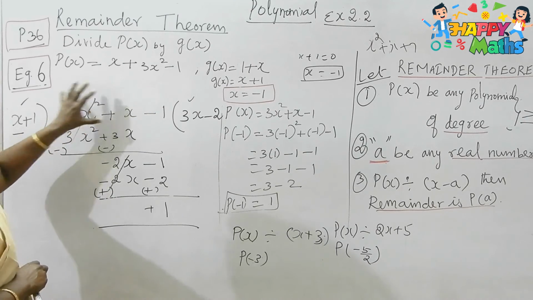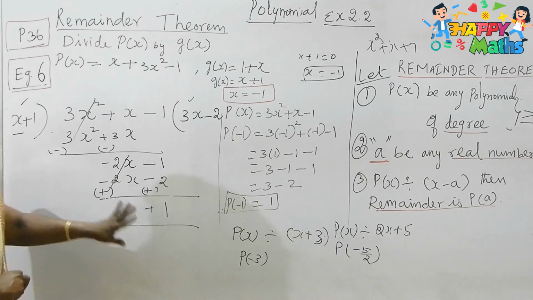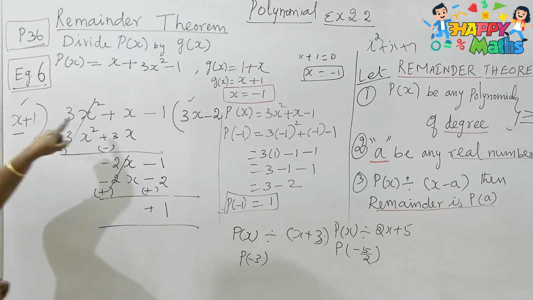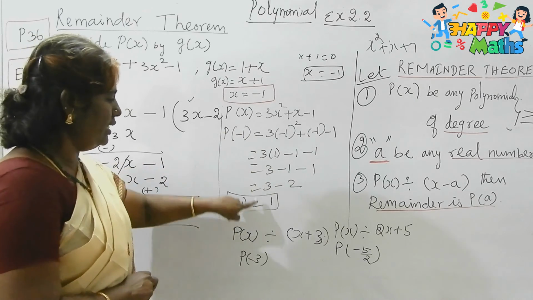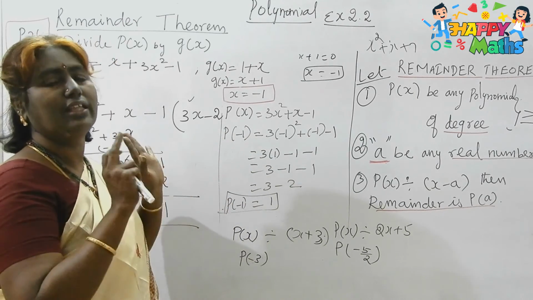Okay, when you divide like a division, the remainder will be the same as, instead of x plus 1, putting minus 1 in the place of x, that is only p of a. Okay, that is what the remainder theorem told.